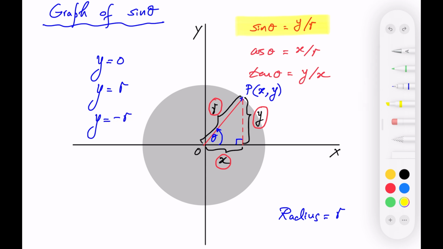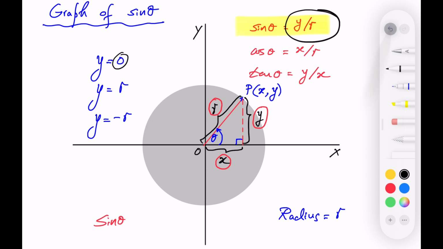Alright, now these are the extreme values of y. When y takes those extreme values, now we can address the possible range for sine theta. We know that sine theta is equal to y over r. When it is y over r, sine theta can take 0 divided by r, which is equal to 0.